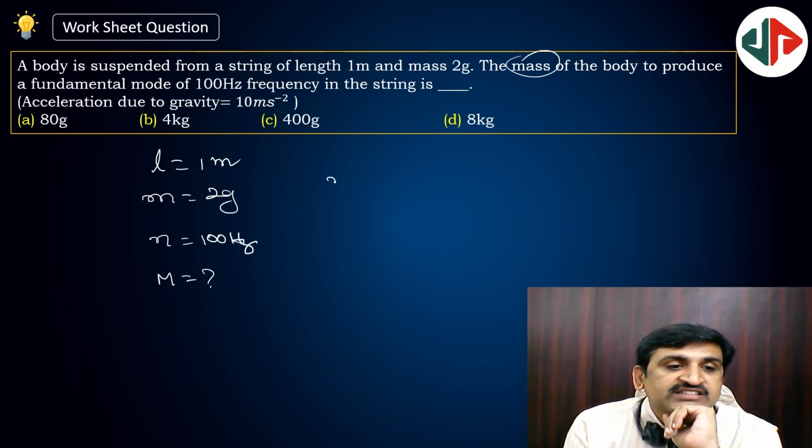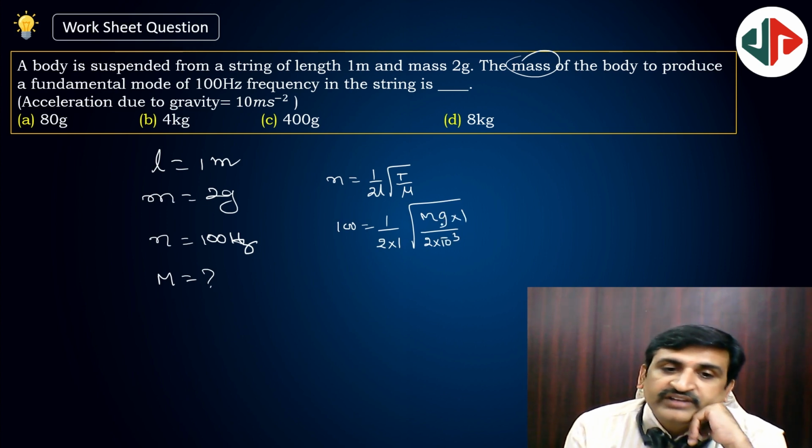So n is equal to 1 by 2L root T by mu. n is equal to 100, 1 by 2L is 1, T is Mg, and mu is m by L, which is 2 gram into 10 to the power of minus 3 by L, with L equal to 1 meter, g value 10.